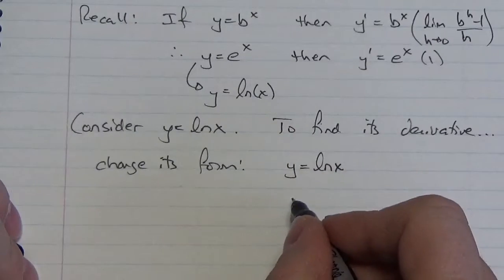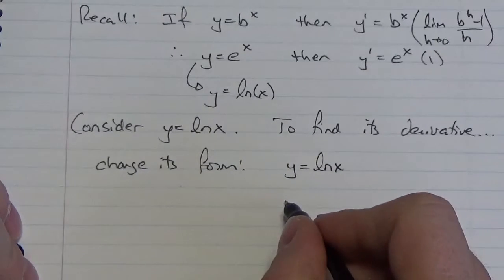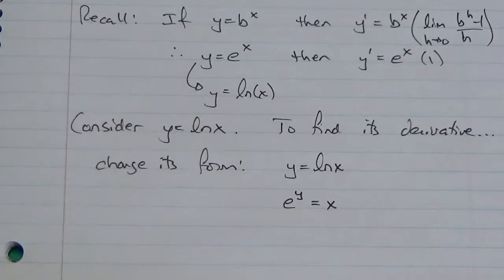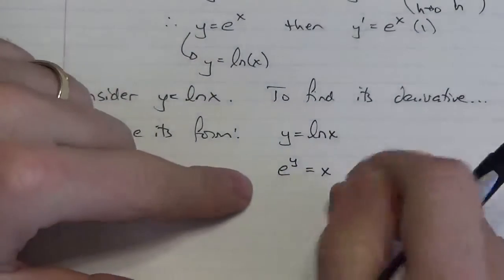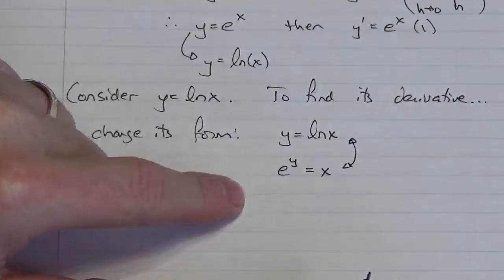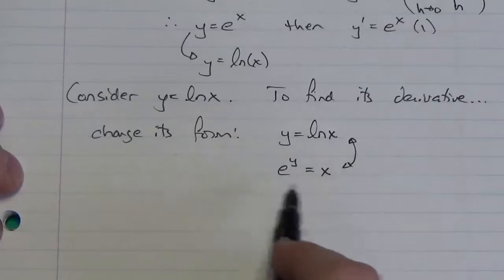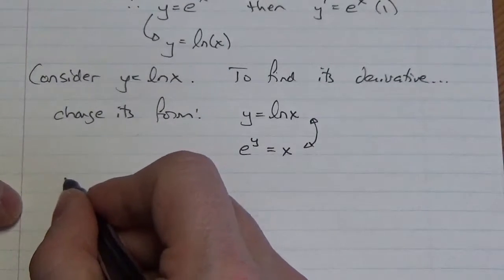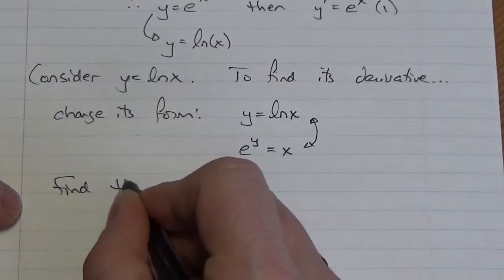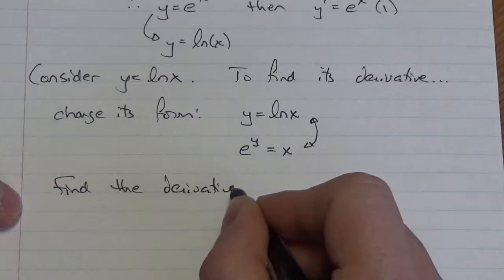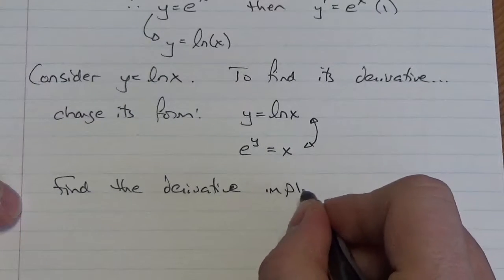The base is e, it's equal to y, so this is going to be e to the y is equal to x. These two are equivalent to each other; they mean exactly the same thing. But it's probably going to be easier for us to find the derivative of this one. So we're going to find the derivative, but we're going to do it implicitly.